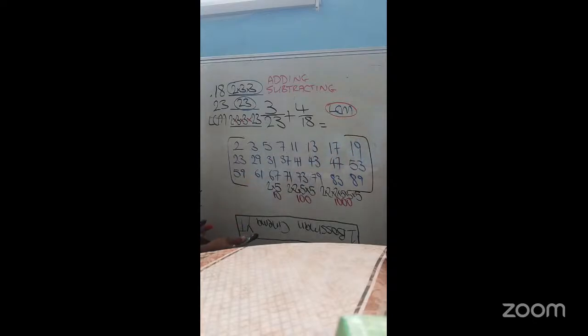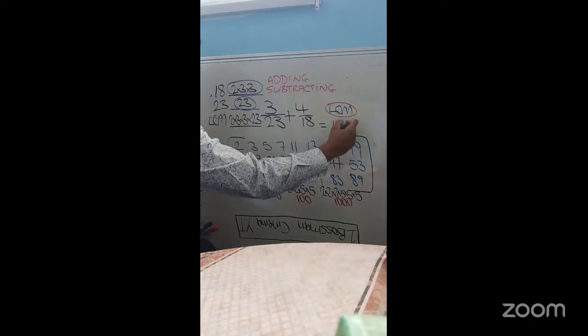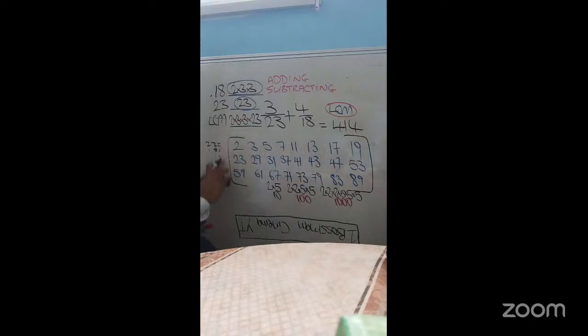So, I guess we'd have to figure out what 23 times 18 is. 3 times 18 is 54... 184 plus 230, 414. Right? I would think.